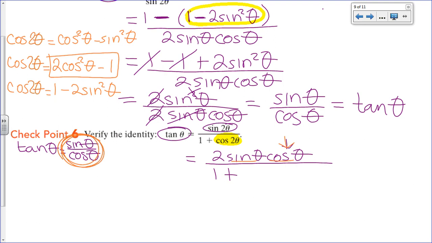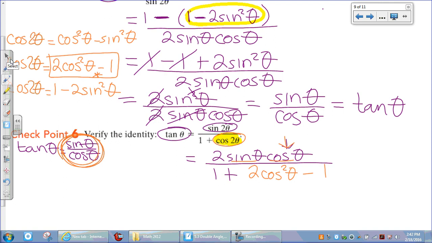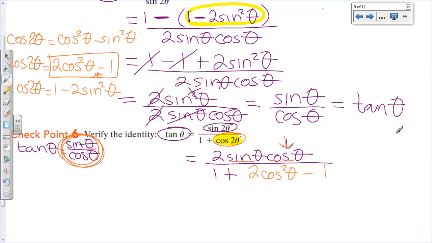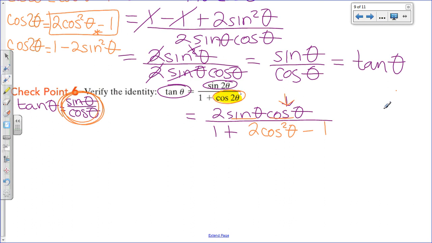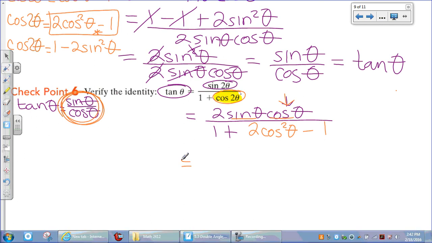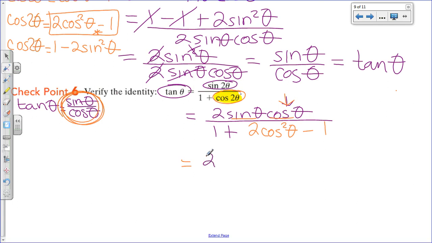So instead of cosine of 2 theta, we're going to use this formula here. So that will be 2 cosine squared theta minus 1. And now what we're going to do is just reduce the expression a little bit and see if we can get just tangent theta. So we will have 2 times sine theta cosine theta.